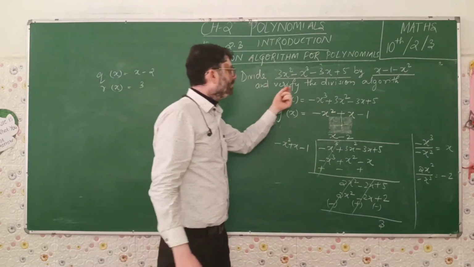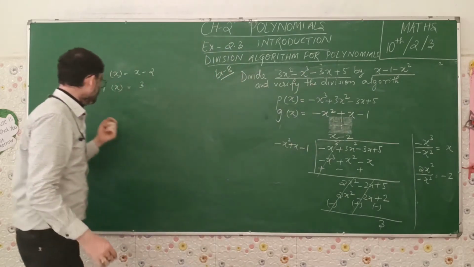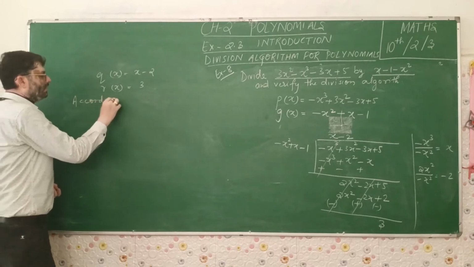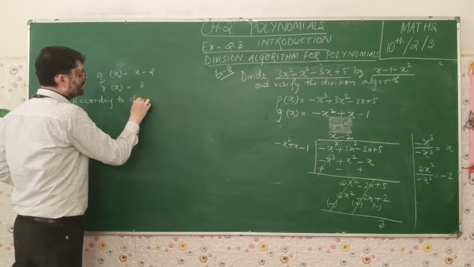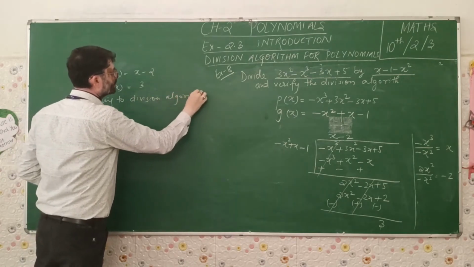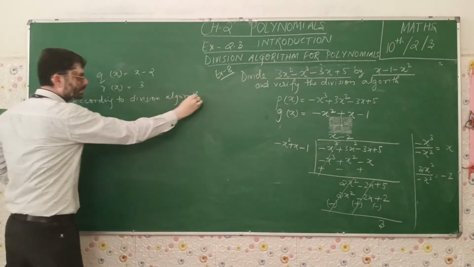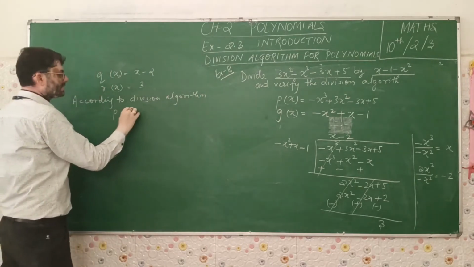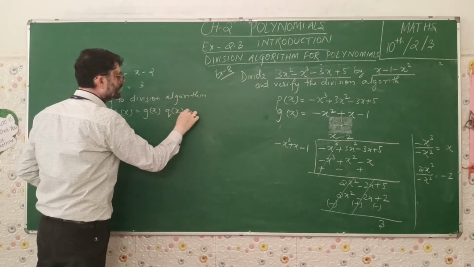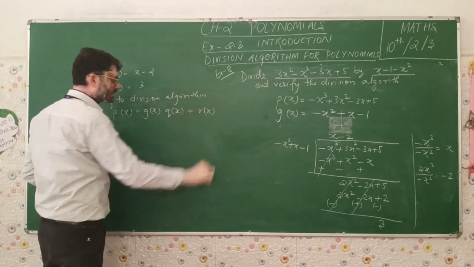Now we will have to verify the division algorithm. So according to the division algorithm we know, p(x) is equal to g(x) into q(x) plus r(x).